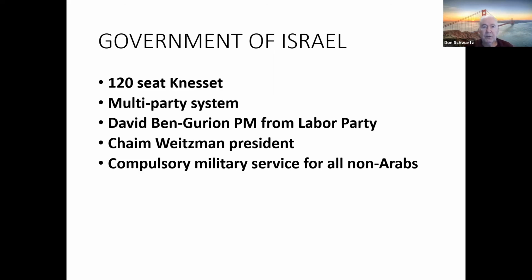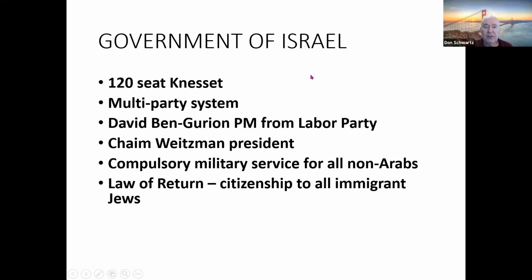Military service was deemed compulsory for all non-Arabs in the new Israeli state. And to encourage as many Jews as possible to return to their homeland, in 1950, the Law of Return granted citizenship to all Jews willing to return to Israel.